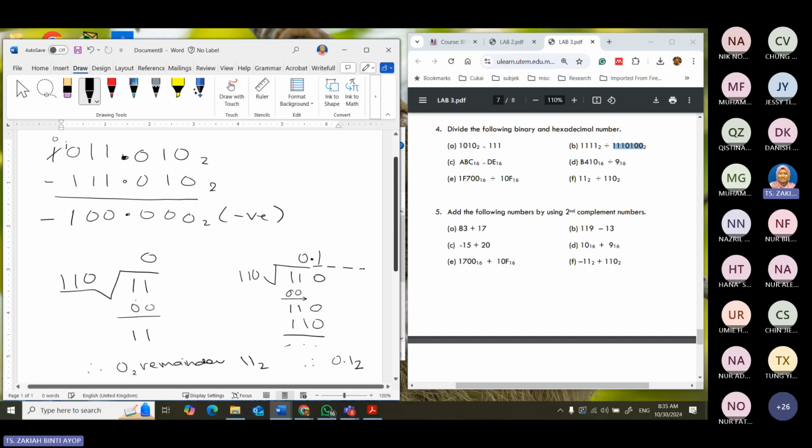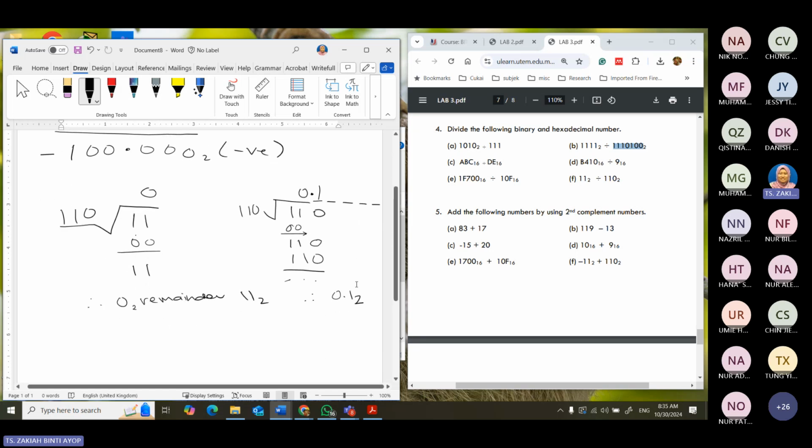If there is still a remainder, then you stop. You will write 0.1 something with a remainder, but you don't need to put the remainder anymore, because the point here is actually a remainder. You just put the 0 point something.